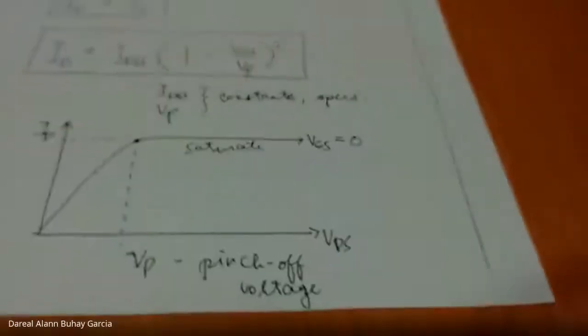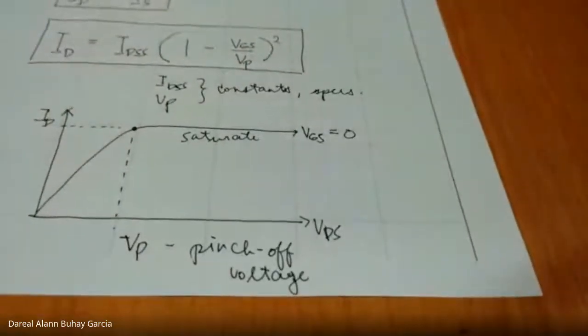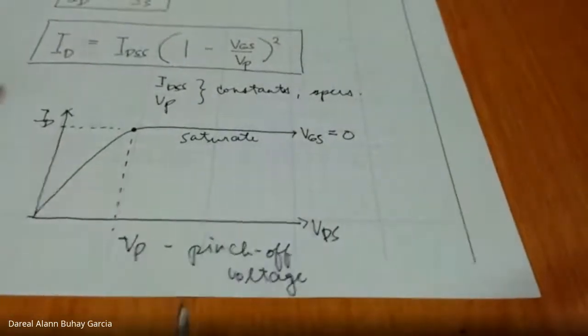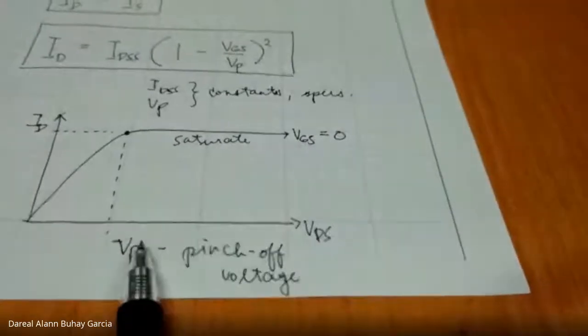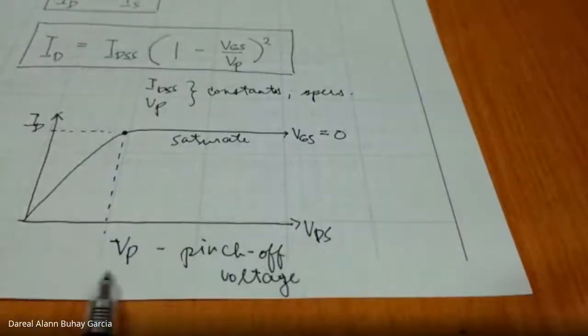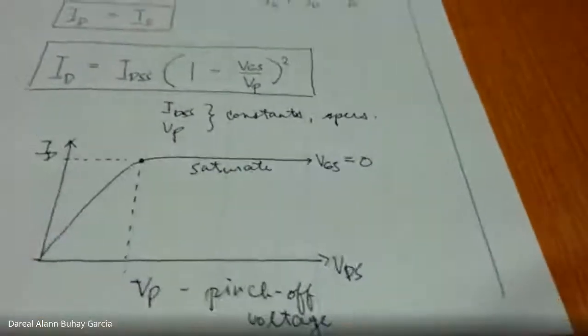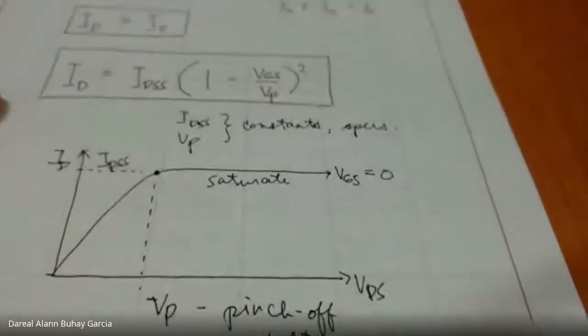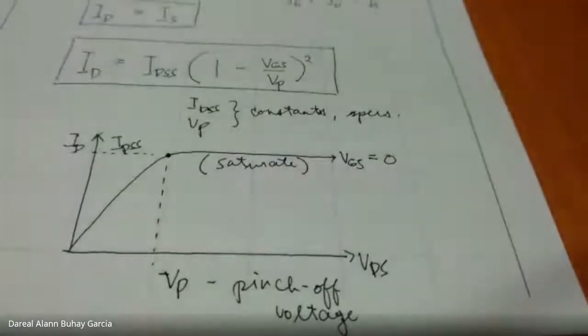The pinch-off voltage is when VGS is 0. When VGS is 0, at what level will the current saturate? At this value, VP. And this value of ID is called IDSS, the value of our ID at saturation.